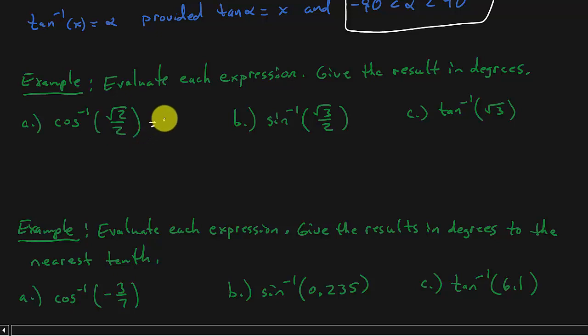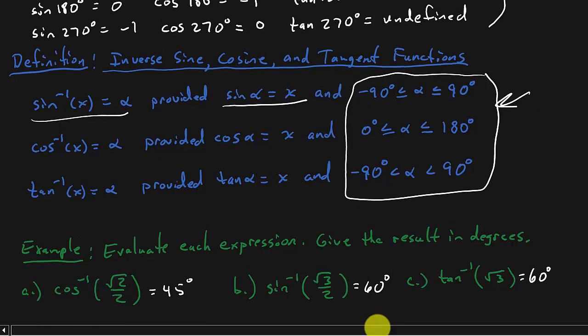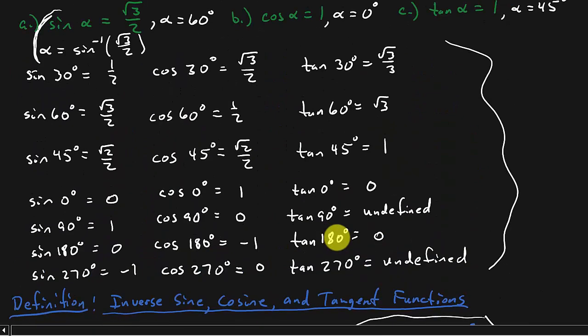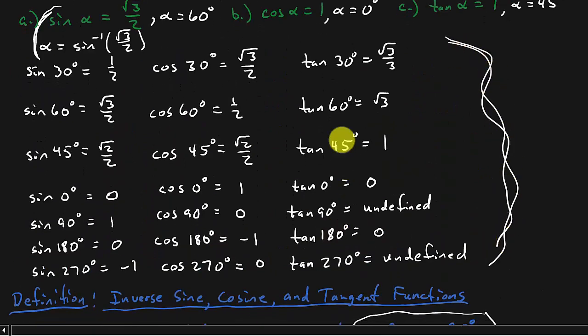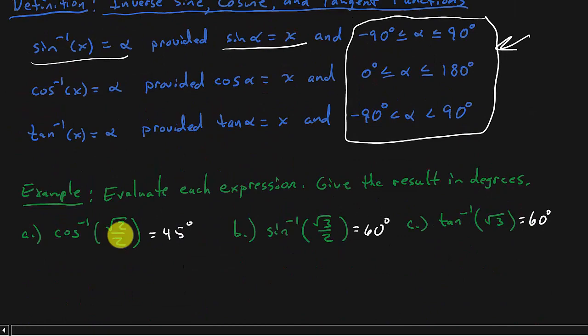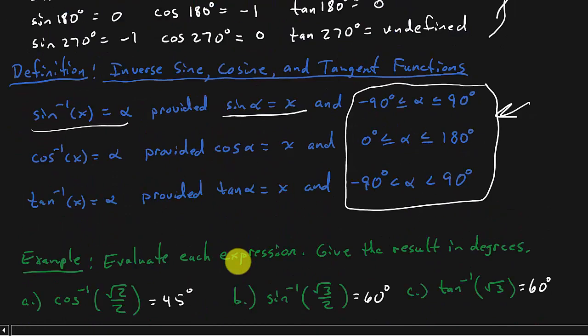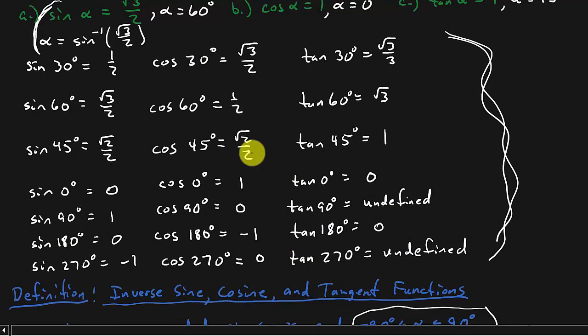Well, we know here this is 45 degrees, this is 60 degrees, and this is 60 degrees. And that goes back up to what I've written here. See, cosine, square root of 2 over 2, that's 45 degrees.